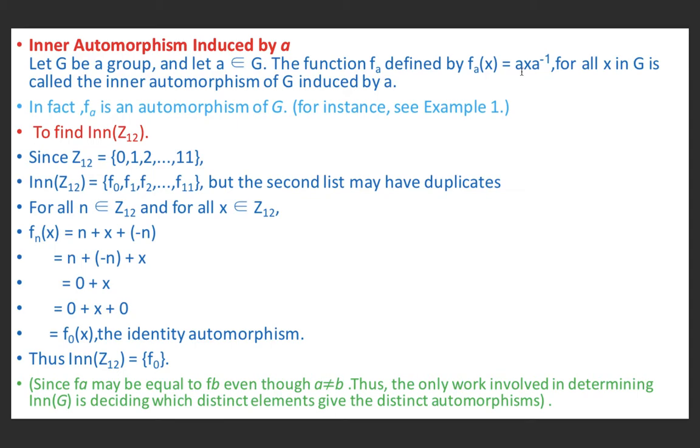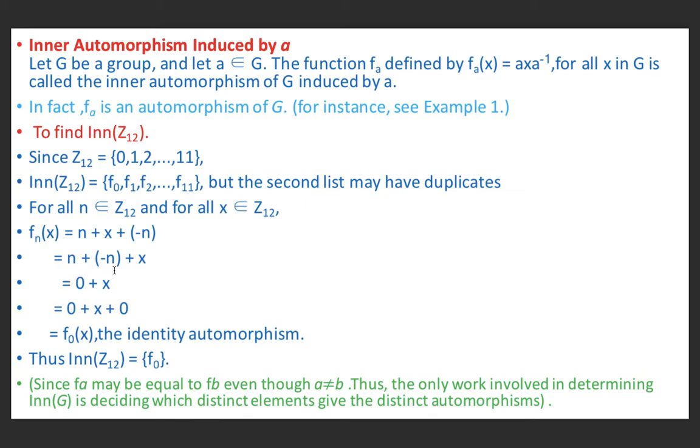Here this is a, and a inverse is the inverse of a. The operation was addition, so I have written the additive inverse of n, which is minus n. So this can be written as n plus (minus n) plus x, because n and x are integers. Therefore associativity holds for the set of integers.